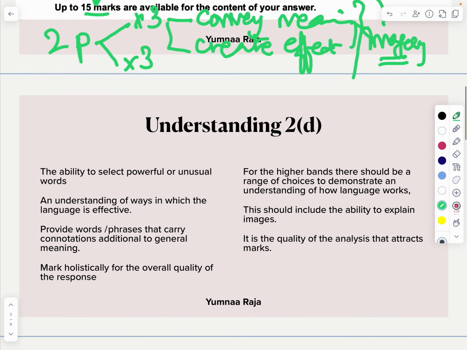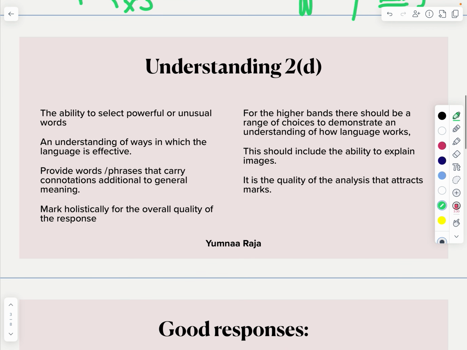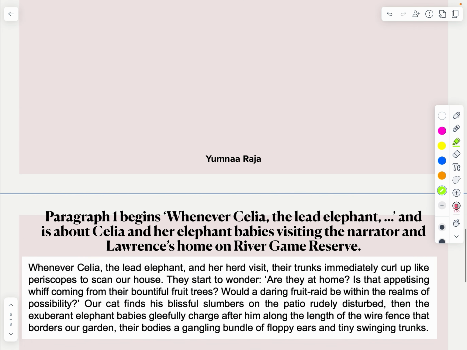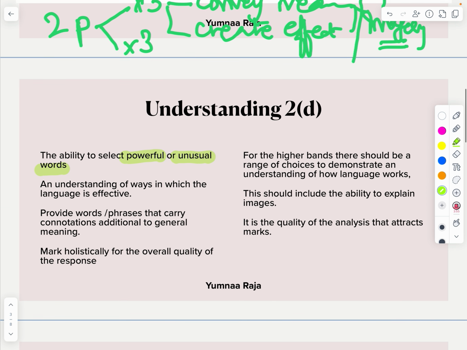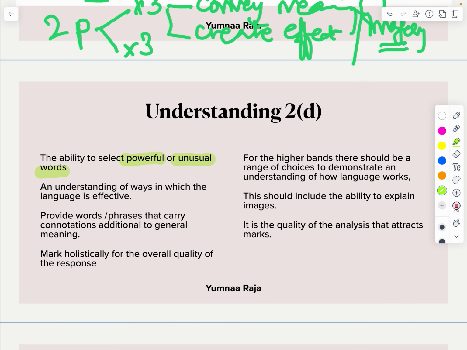Now, there are multiple things that I want you to keep in mind as we move ahead before I solve these things for you. What are a few things that examiners are expecting out of you? If you can take a screenshot of this, or you can write this down, anything works. You're going to select powerful or unusual words. So when you take a look at the paragraph, which we are going to look at in a bit, and of course I will show you all of these things, you're going to pick out powerful words or phrases.